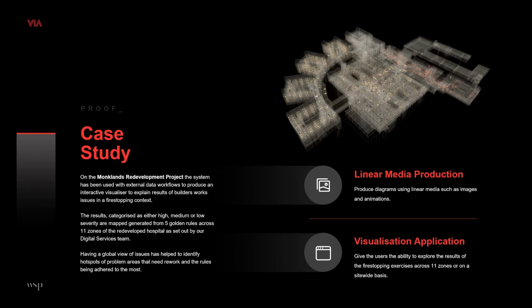They categorize into high, medium, and low priority severity in terms of what needs reworking first, and it's been output as hundreds of images and videos in quite short turnarounds, and also as an interactive application where you can look at the object level and see the issues with each individual project. It's been said that having a global view of hotspot areas that need rework is actually quite useful.